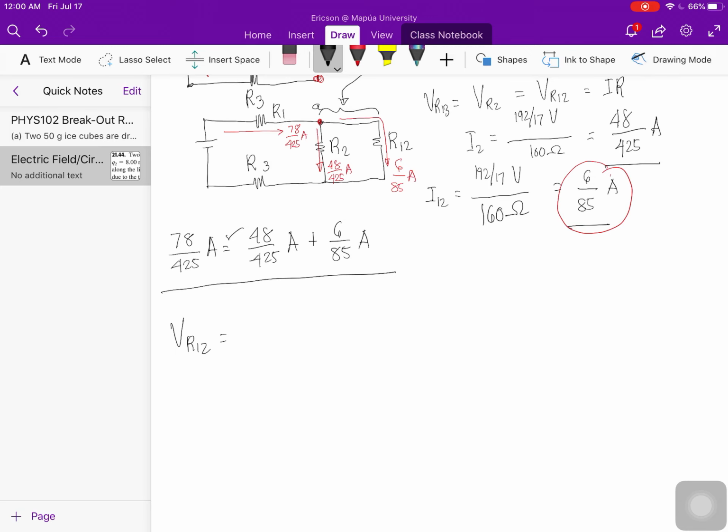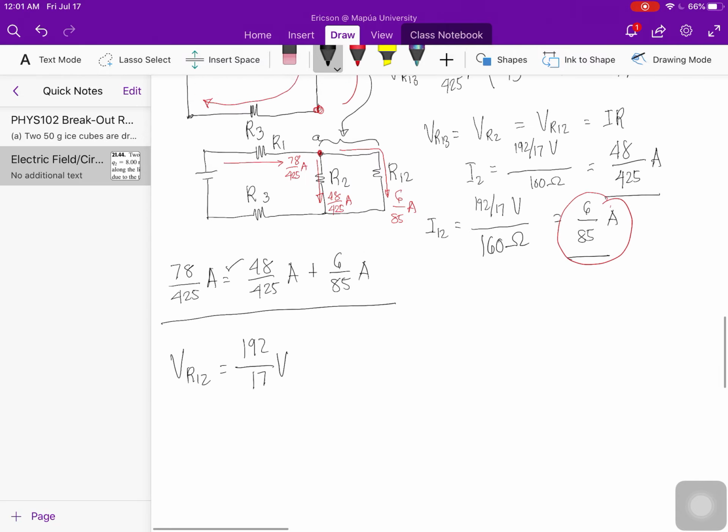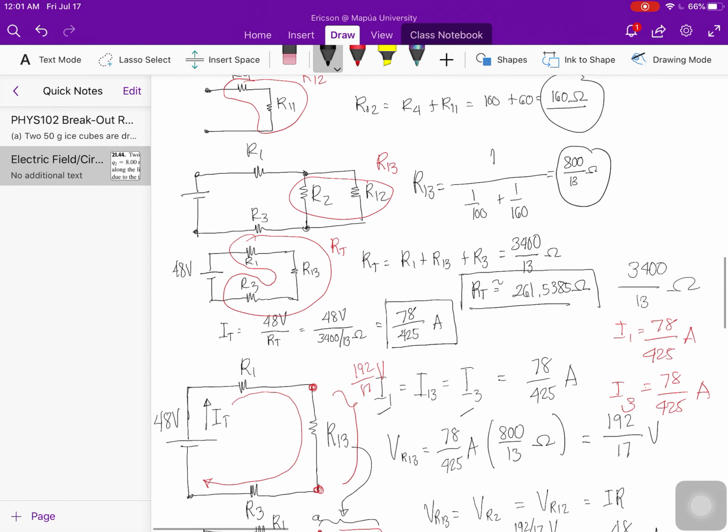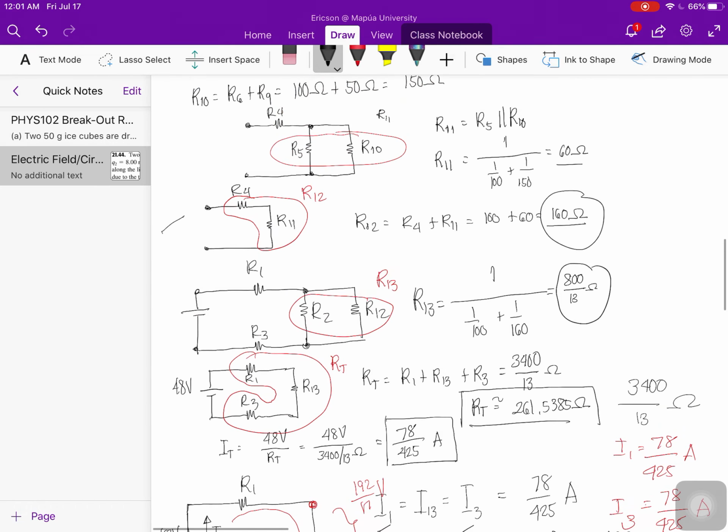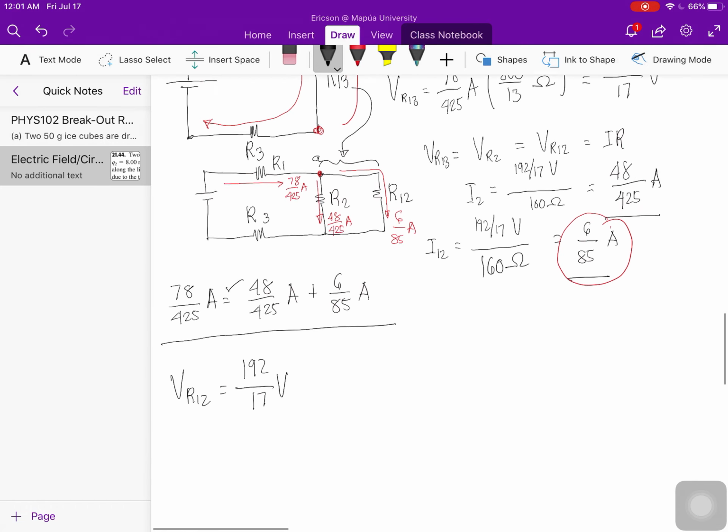Voltage on R12 actually na-compute na natin is 192 over 17 volts. So, if you will be simplifying, ano ba yung R12? R12 is this one. R4 parallel to R11.